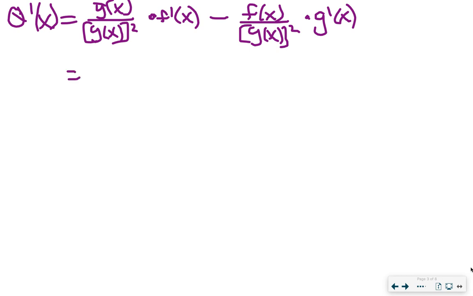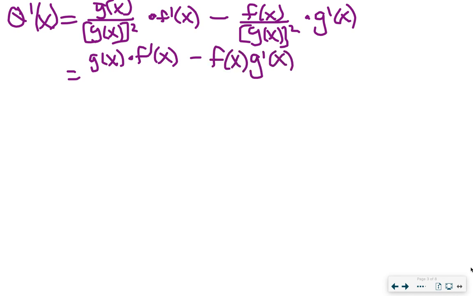If we combine these, collect my like terms, actually subtract them with the common denominator, I get g of x times the derivative of f of x minus f of x times the derivative of g of x all over g of x squared.